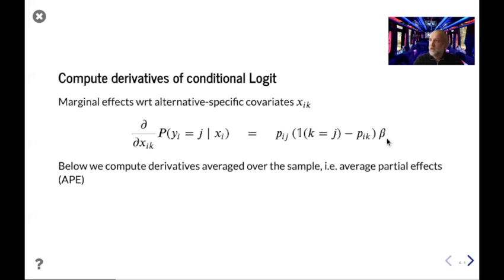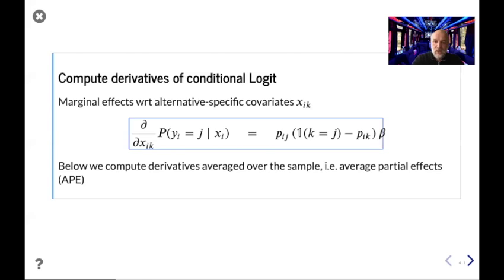If you have a positive coefficient, say for how nice the car is in some aspect, so beta is positive, then if you get more of that attribute, you get a higher market share for that particular alternative, that particular car, whereas all the other probabilities are going to fall.